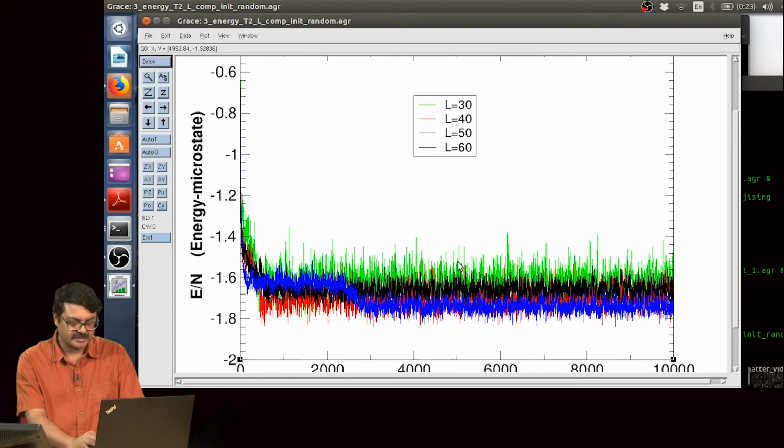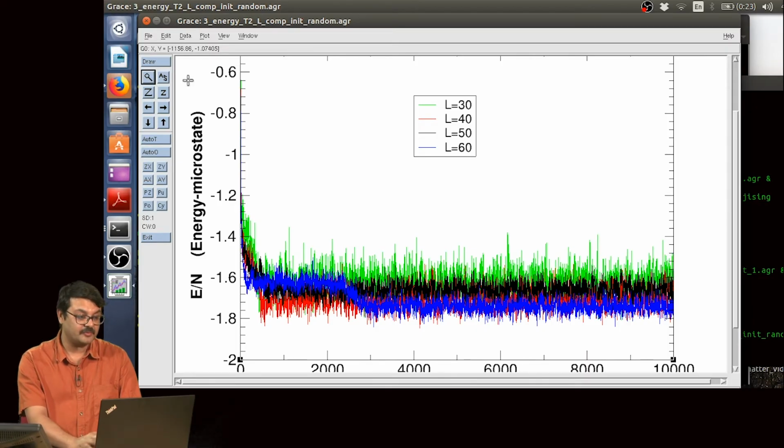So, this is the green data for the smallest box size, and for L equal to 40, which is this red data, it equilibrates here. For L equal to 60, there is a very sharp equilibration within around 100 to 200 iterations, but then it gets stuck here and it finally equilibrates here after around 2500 iterations.